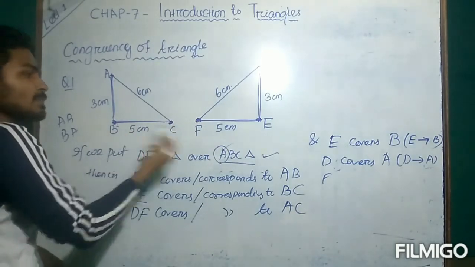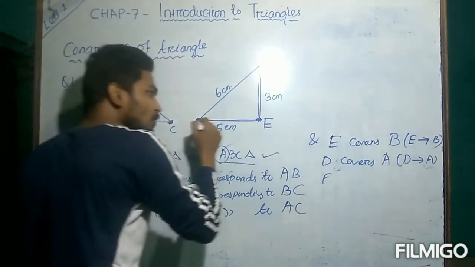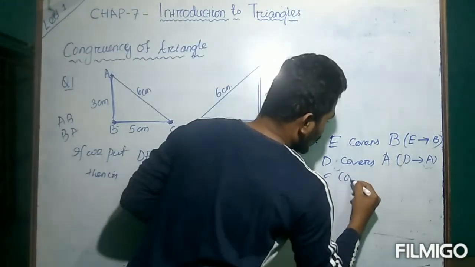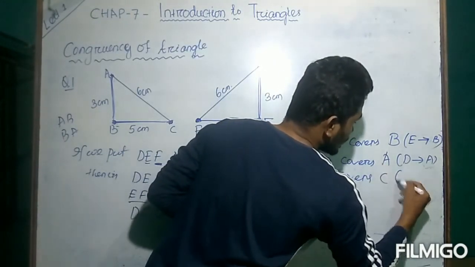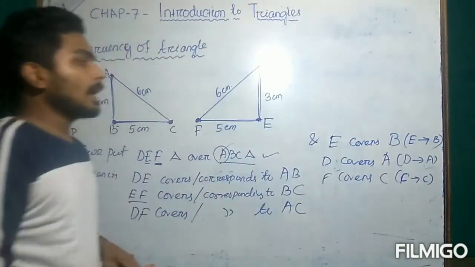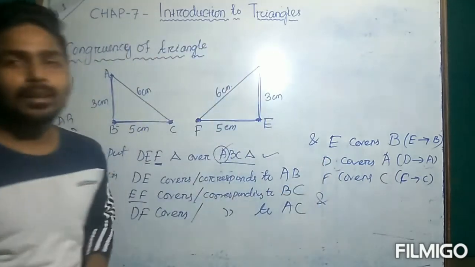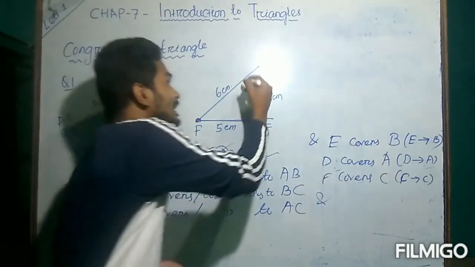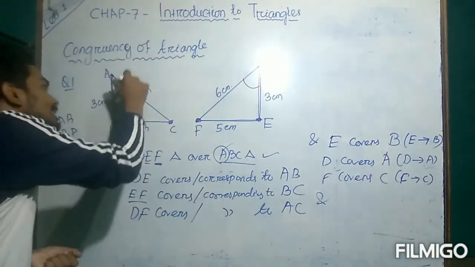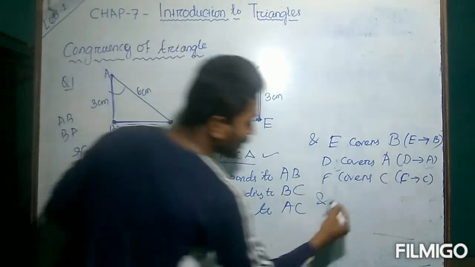B or C? Which point? C point, because F is a point where 5 and 6 meet and C is a point where 5 and 6 meet. So F covers C. And also third condition, this angle, angle D, covers this angle, angle A.